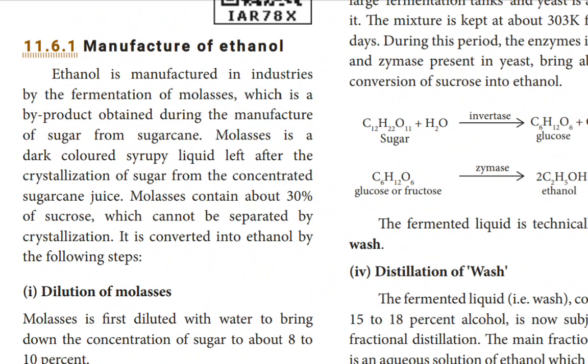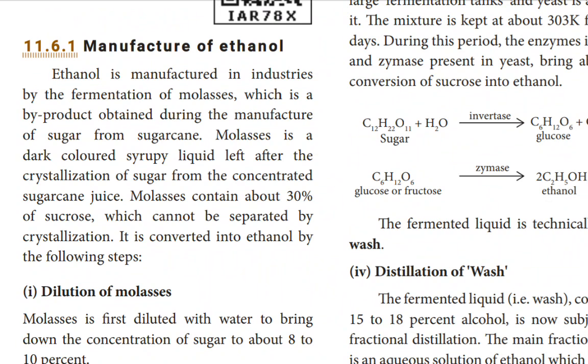So what is the basic principle applied? The manufacture of ethanol is by fermentation. Fermentation is the basic principle. Fermentation of molasses. What is called molasses? How is molasses obtained? Molasses is one of the byproducts of sugar from sugarcane.